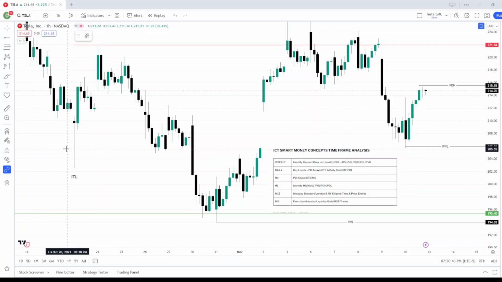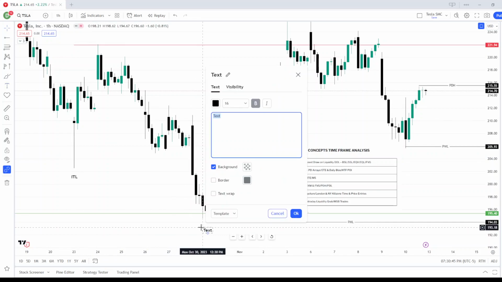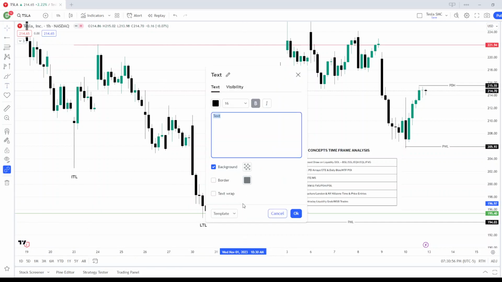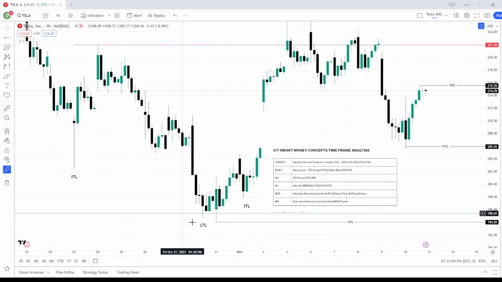Okay, and then got a long-term low. And then another intermediate term low. Okay. And so what happens is that, oh, this is the long-term low.